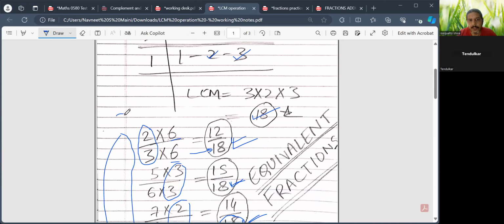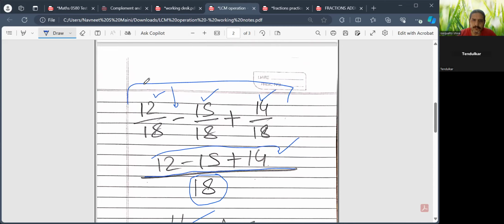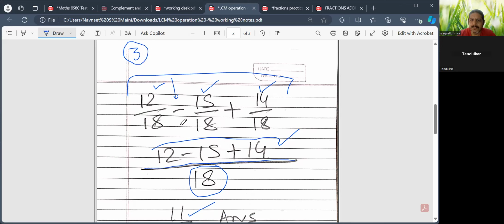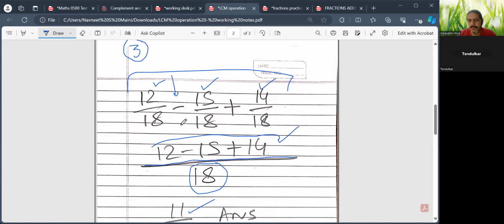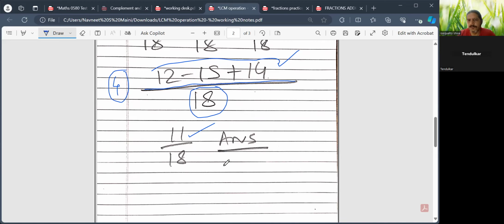The second is to make equivalent fractions. Equivalent fraction implies that the denominator should be equal to the LCM of the denominators. And then the last step is the simplest step. Then you will have, for example, in this case three equivalent fractions, and then it is just a matter of doing the integer addition and subtraction, and finally you'll have an answer.